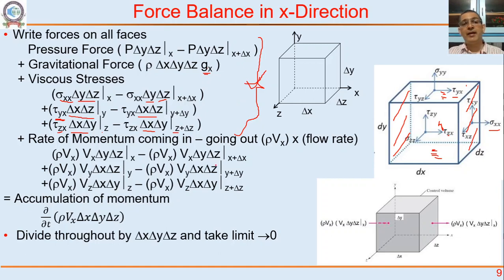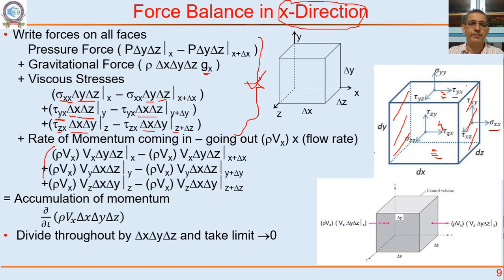Now imagine that door thing again. We are trying to come into this box or go out of this box. The only way we will be able to come in is because of Vy, because of the velocity component perpendicular to the door. We are writing the force balance in the x direction, so we are only going to consider momentum per unit volume in the x direction.